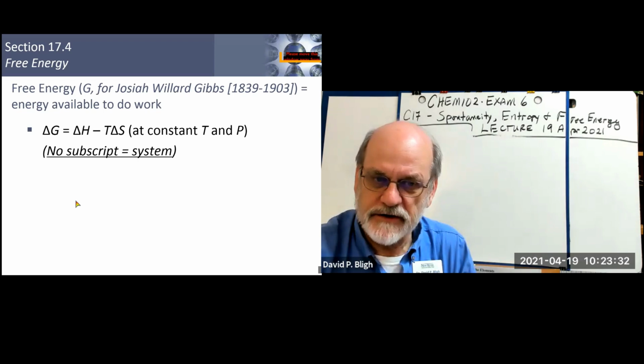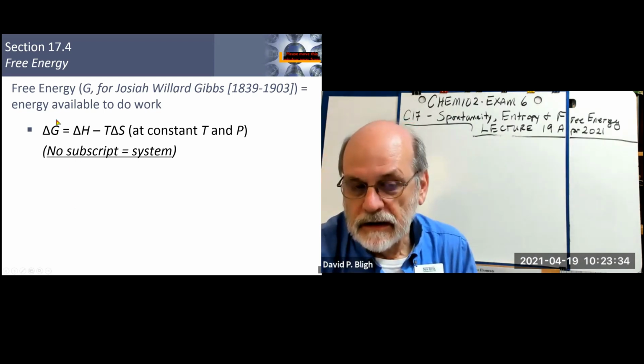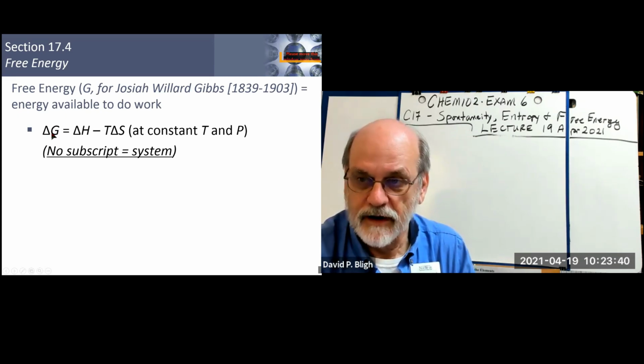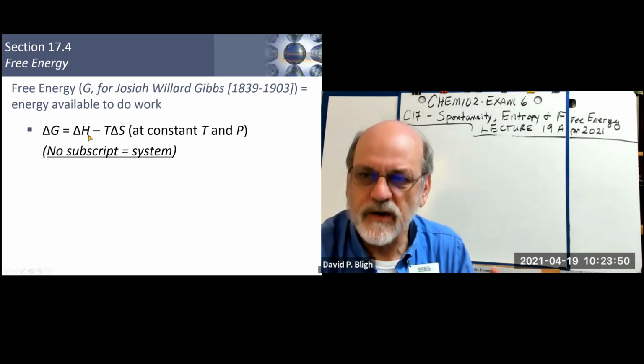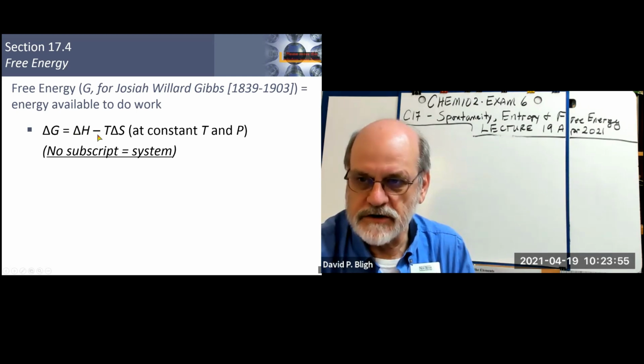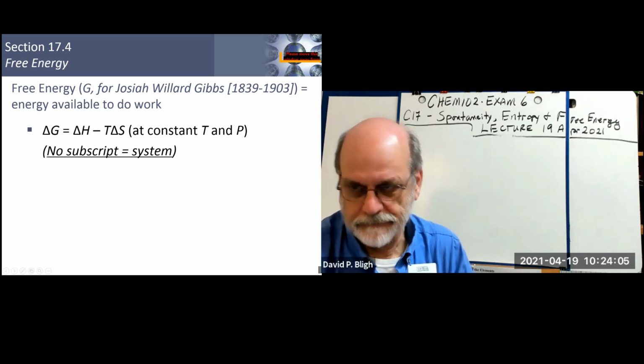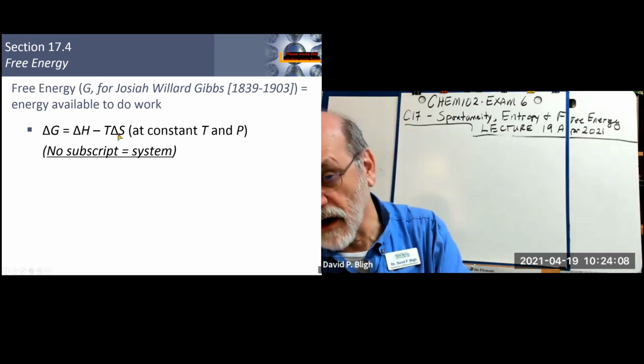And what he determined was that this amount of energy, which is in joules, available to do useful work, depends upon two factors. What's the enthalpy of the process? What is the theoretical maximum amount of energy available in this reaction? Subtract from that the amount of energy that is lost to entropy.